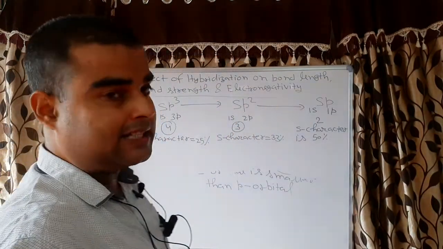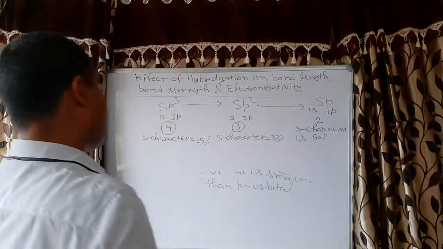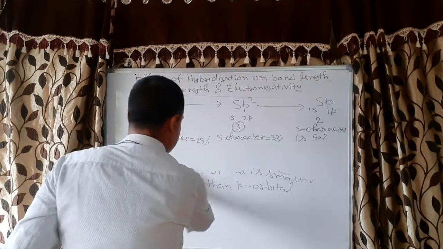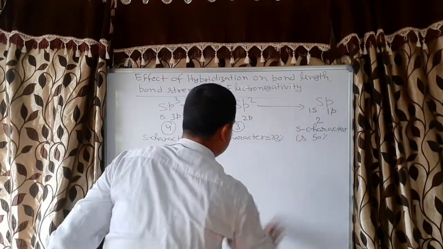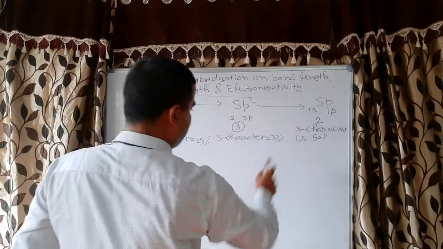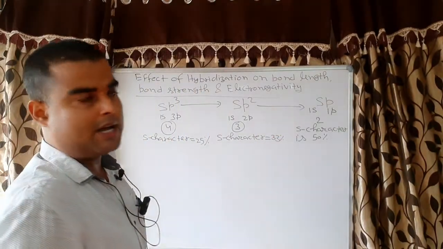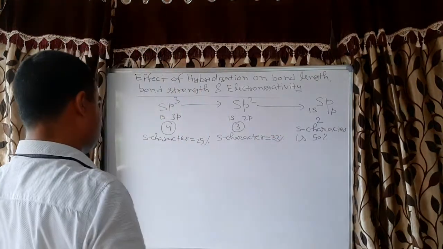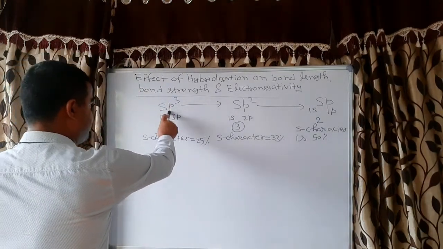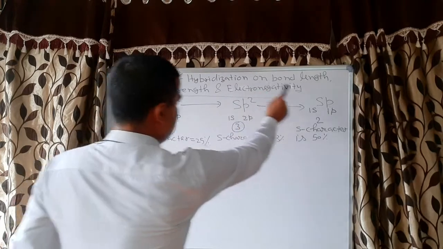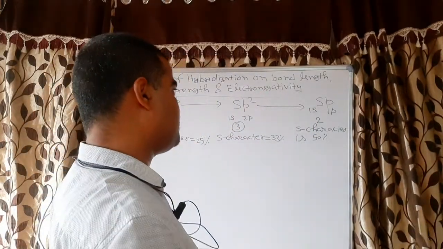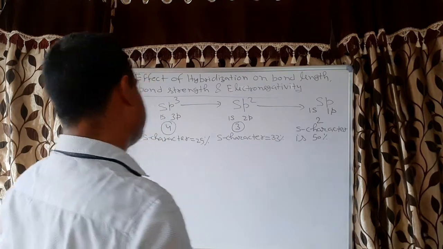And what is the s character? What I told you, s character means smallerness, because the s orbital is smaller than the p orbital. So the more the s character, the smaller the hybrid orbital. So we can say that as we go from sp3 to sp2 to sp, the size of the hybrid orbital is decreasing.